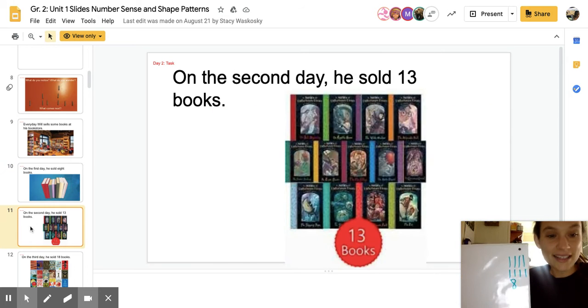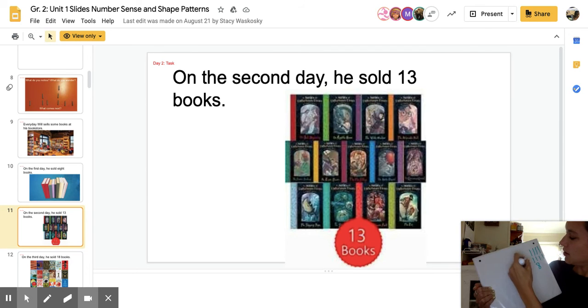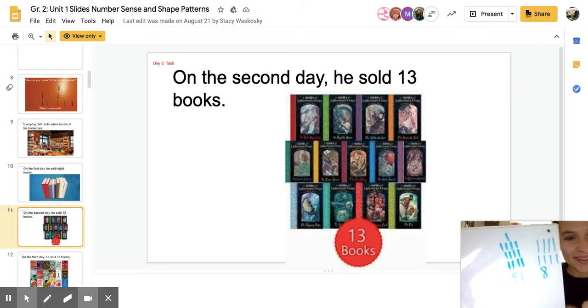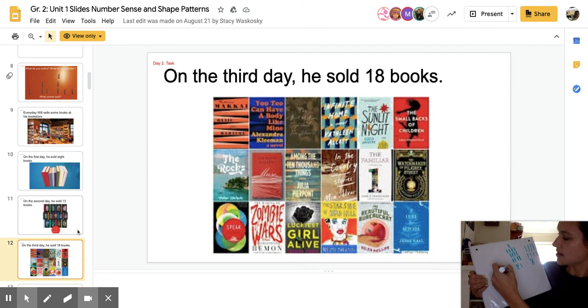On the second day, he sold 13 books. So how many books would I draw up here? 13. 1, 2, 3, 4, 5, 6, 7, 8, 9, 10, 11, 12, 13. On the third day, he sold 18 books.